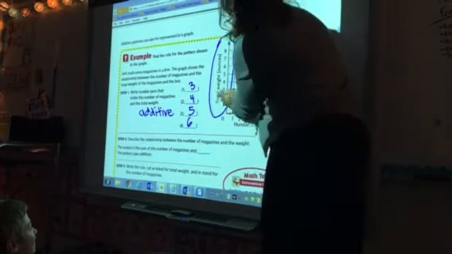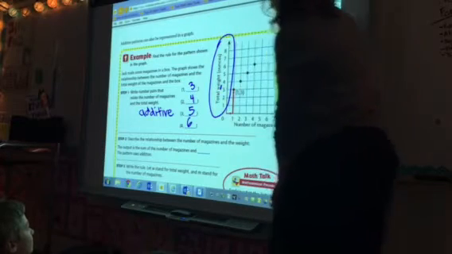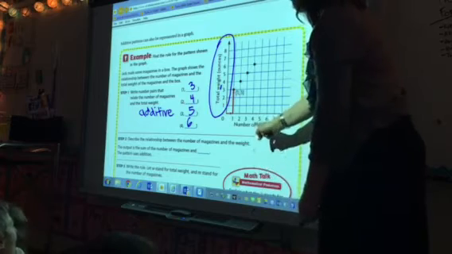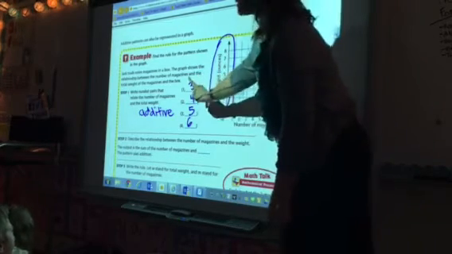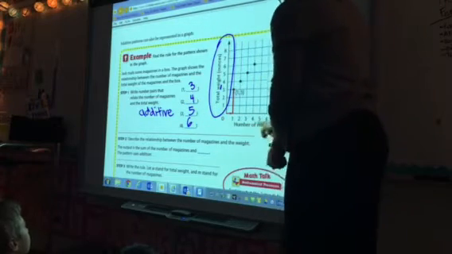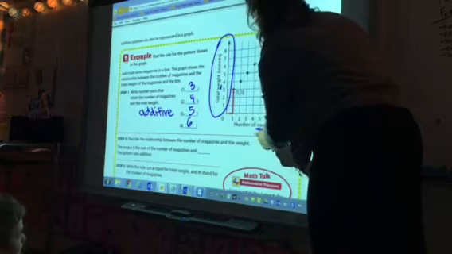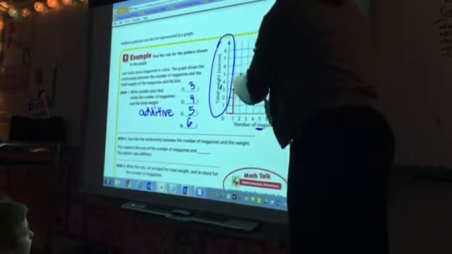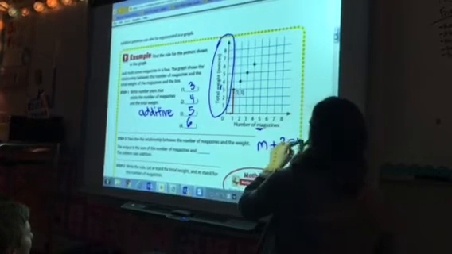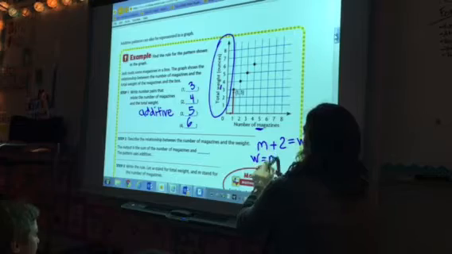So we can either call this W for weight or ounces equals the number of magazines plus 2. It would be M plus 2 equals W. Of course, it could be backwards by saying W equals M plus 2.